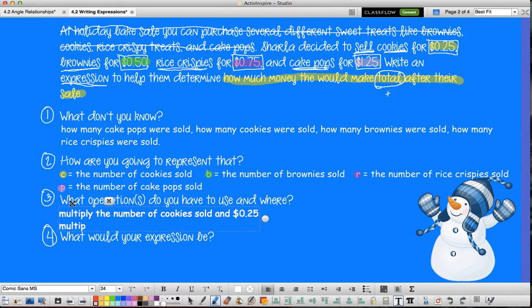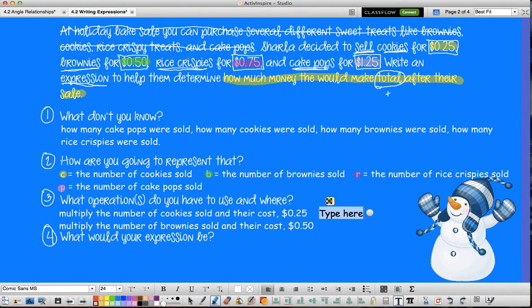I also need to multiply the number of brownies sold and how much they were sold for, which is 50 cents.